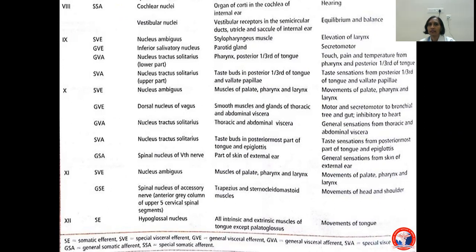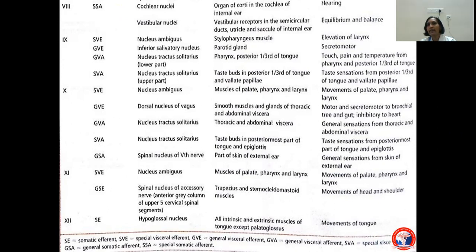Then there is another mixed nerve, that is the glossopharyngeal, cranial nerve number 9. This ninth cranial nerve has special visceral efferent, which is nothing but branchiomotor.